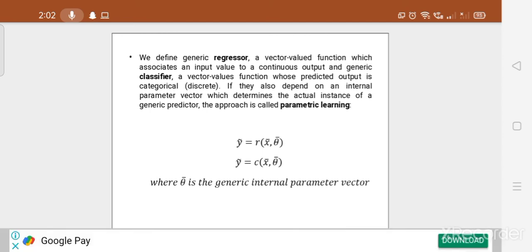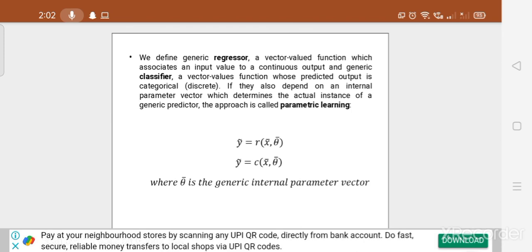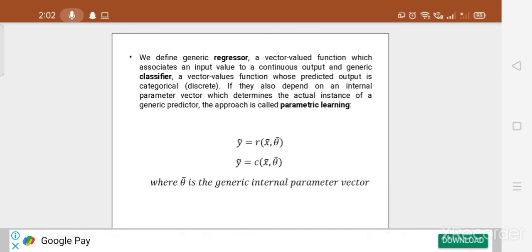We are considering the vector valued function which associates input values to the continuous output values, and the generic classifier. Clear? Now the generic classifier we can denote by theta. A vector valued function whose predicted output is categorical associates the output to the input, right?